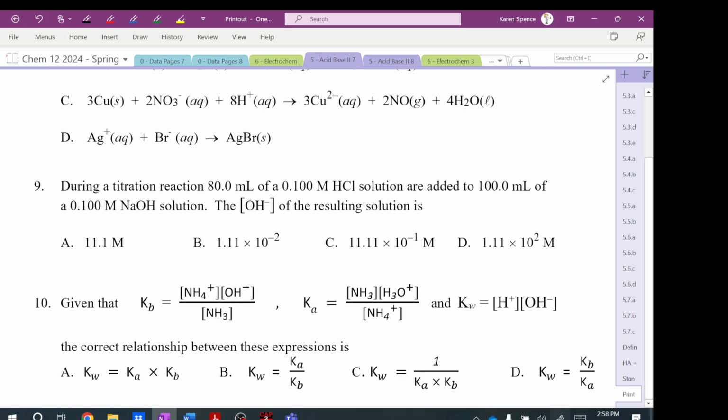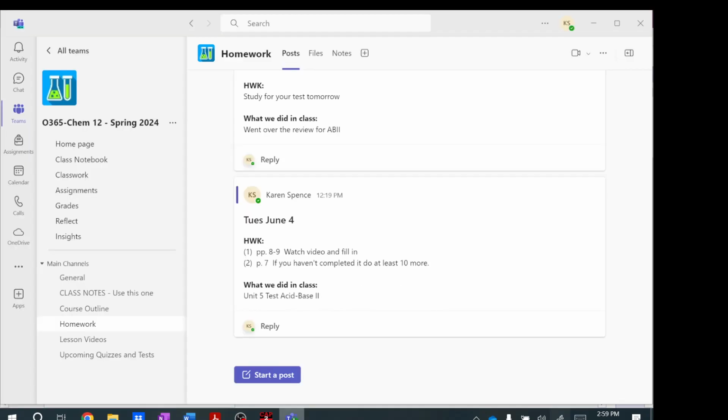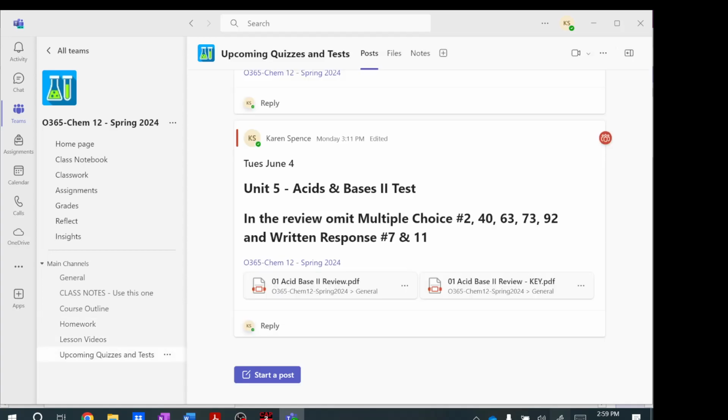What is 73 about? What is the common source of ethanol? Didn't I say to omit that one? Yeah, it was on the list of omitted questions. The list of omitted questions is in the review: omit multiple choice number 2, 40, 63, 73, 92, written response number 7, 11, and there might be one more in the written response that I can't remember.